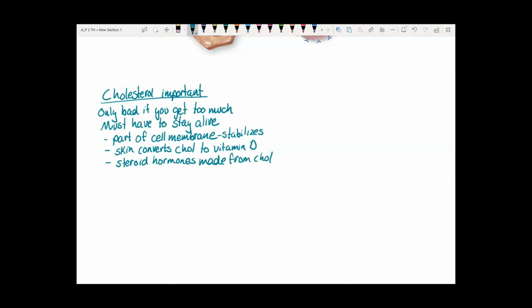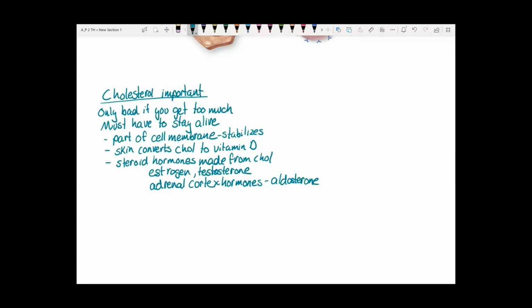So, for example, the sex hormones, estrogen, testosterone, the adrenal cortex hormones, and one that we've talked about a few times this semester is aldosterone. There's several adrenal cortex hormones. Aldosterone's the one we've covered. So those are some of the reasons why you need cholesterol in your body.